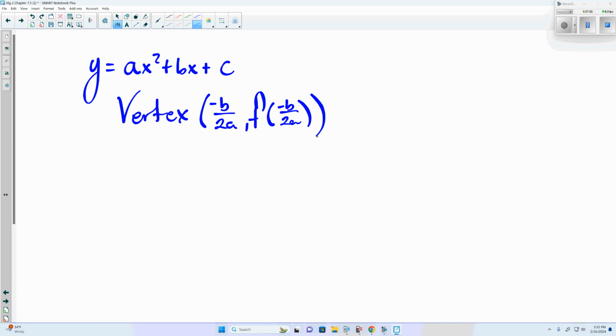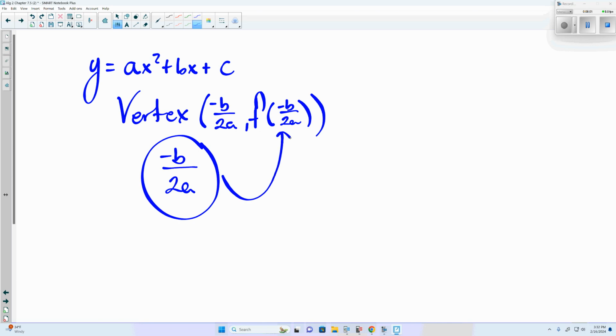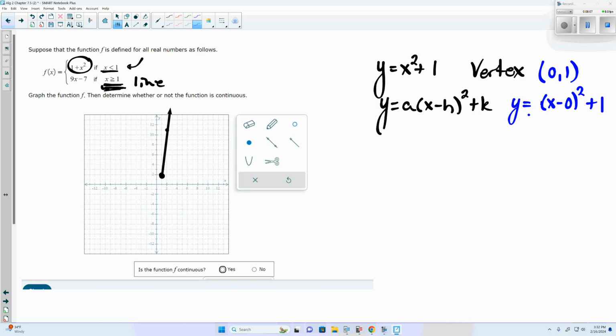So we start off with plugging in the values of a and b into this here. And once we get this value, we plug it into the function to find its corresponding y value. So we found our vertex, which is (0, 1).